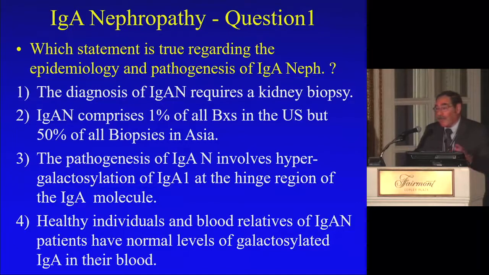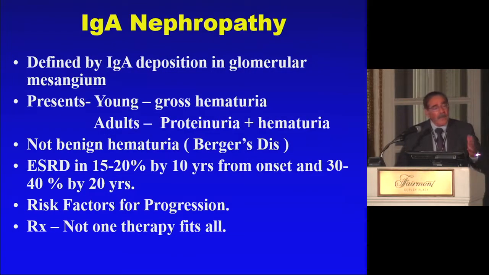Now, I almost wish we had the audience response system going now to look at the different answers to these questions, but let's go through and show you why the answer is actually number 1. IgA nephropathy is defined by IgA in the glomerular mesangium and sometimes along the capillary wall of a biopsy.